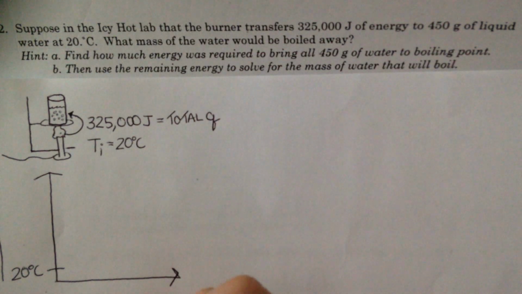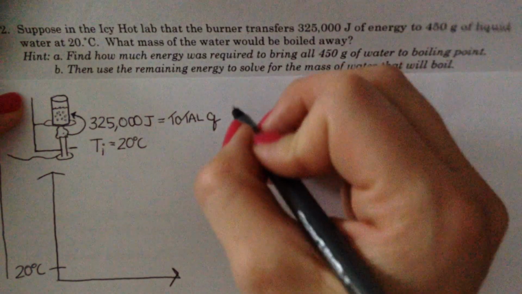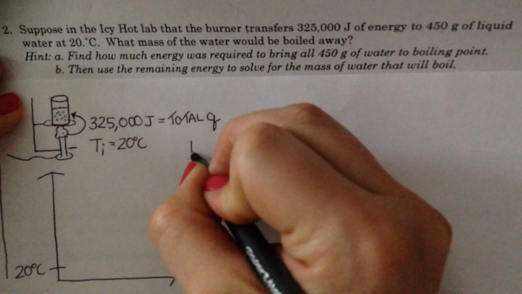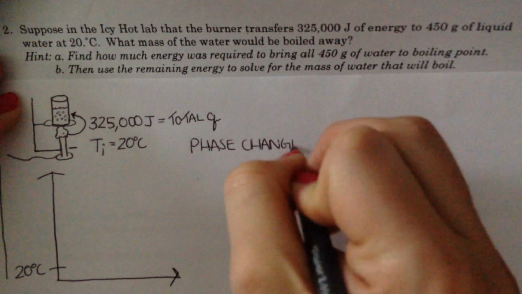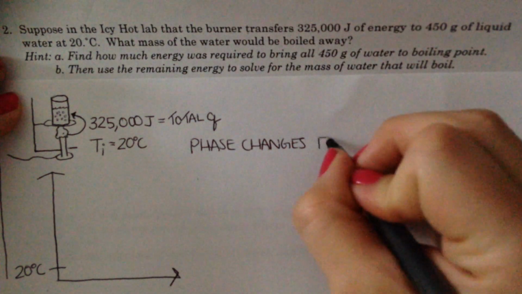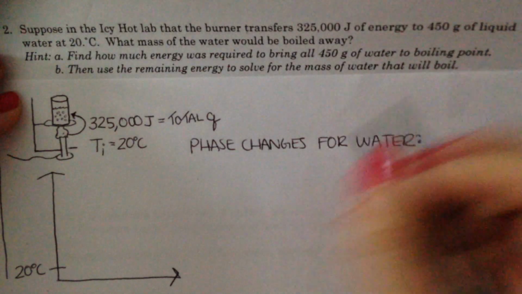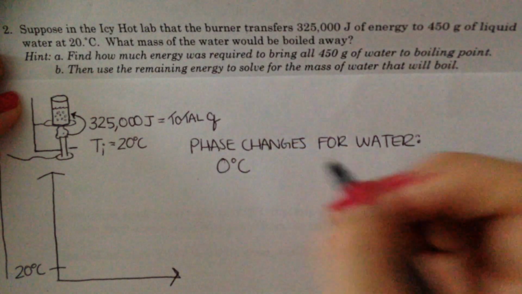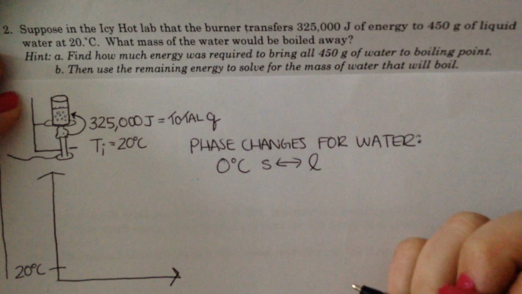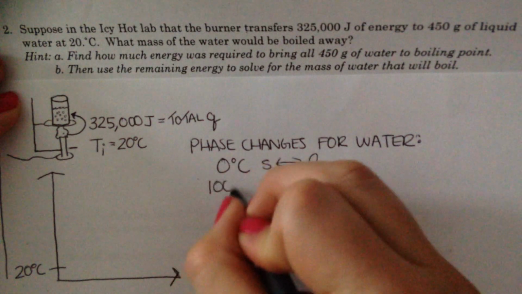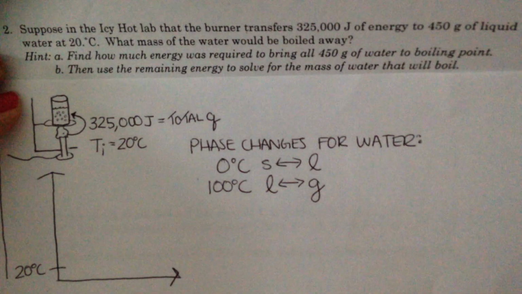In order to figure that out, we need to know that phase changes for water happen only at 0 degrees Celsius and 100 degrees Celsius. At 0 degrees Celsius, a solid can turn into a liquid, or a liquid can turn into a solid. At 100 degrees Celsius, a liquid can turn into a gas, or a gas can turn into a liquid.